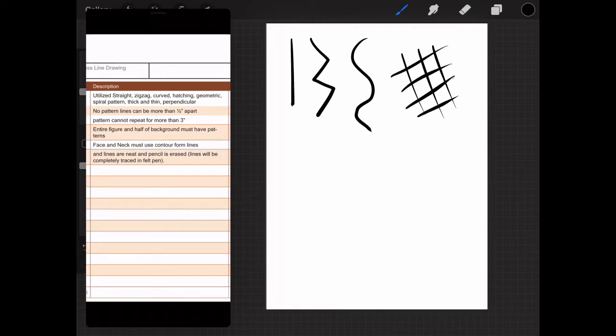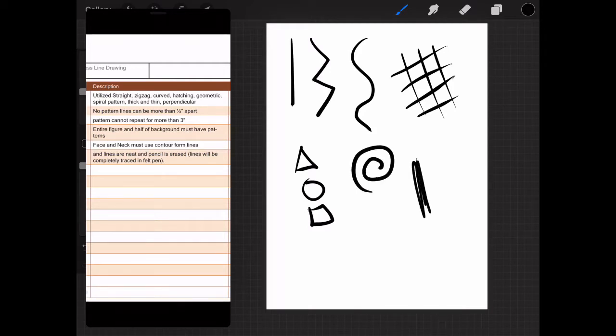There's also geometric shapes like triangles, circles, and squares. Spiral patterns, thick lines and thin lines, and perpendicular lines. Perpendicular lines are oftentimes referred to as right angles. So as long as your lines meet and make a 90-degree angle, you should be all right.